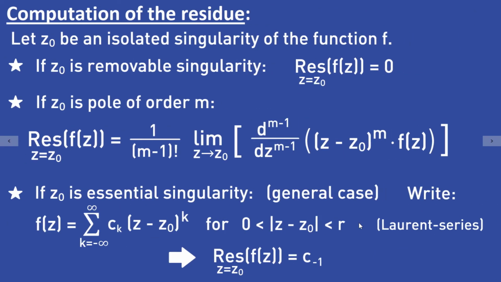Now the residue of f at the isolated singularity z0 is equal to the coefficient c minus 1 in the Laurent series of the function.